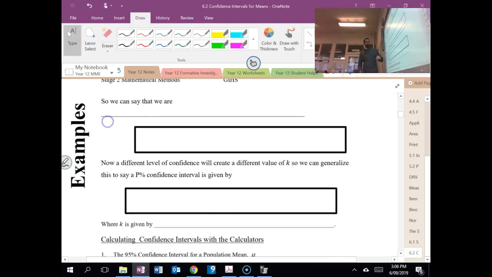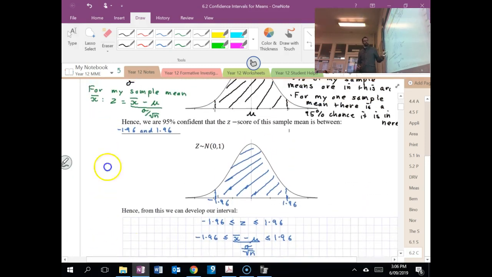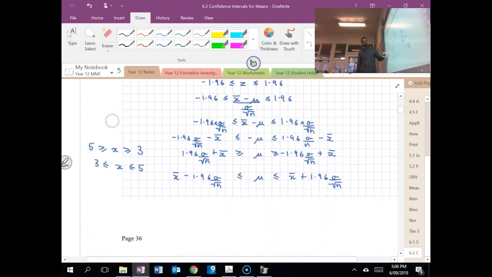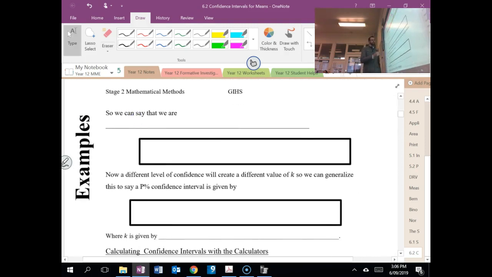Now remember, when I got this value of 1.96, at the start I was only 95% sure that the sample mean fell in this area. So I'm not 100% confident it's between these two values. I'm only 95% confident.